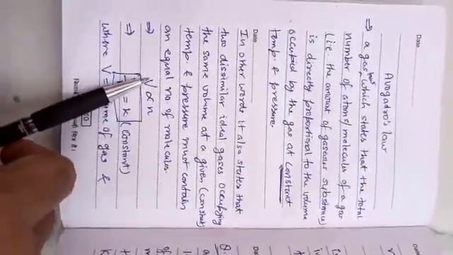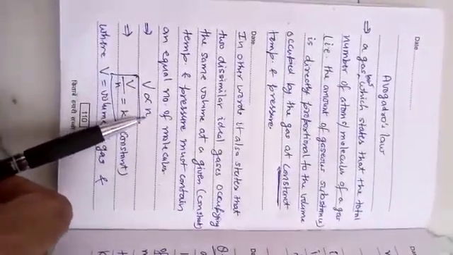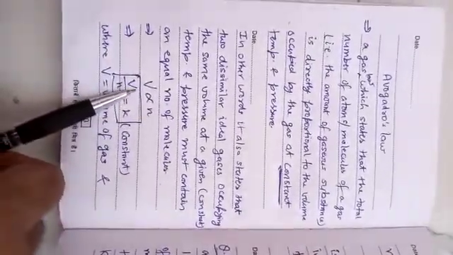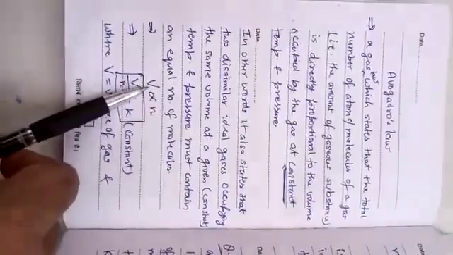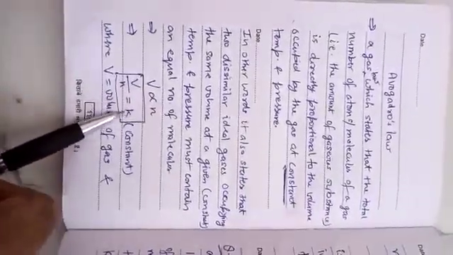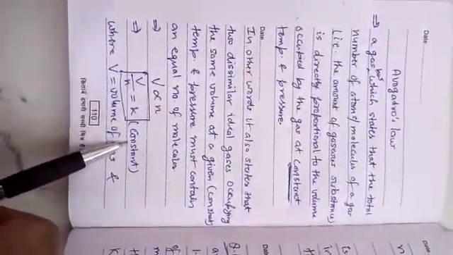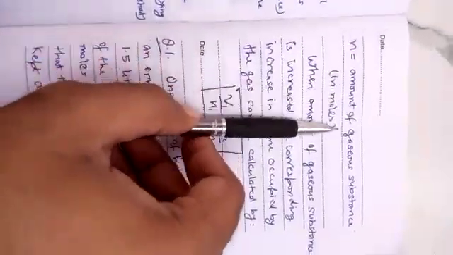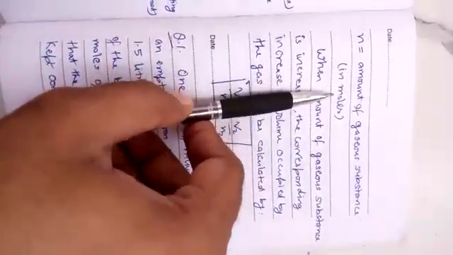It means volume is directly proportional to the number of moles, which means V upon n is equal to k, where k is a constant. V is the volume of the gas and n is the amount of gaseous substance, in moles.